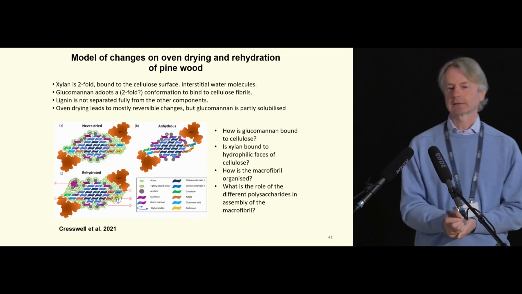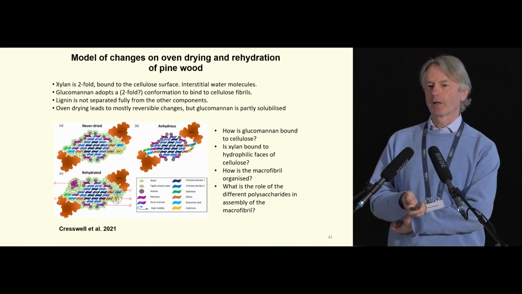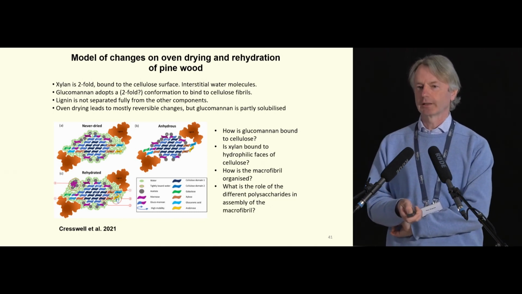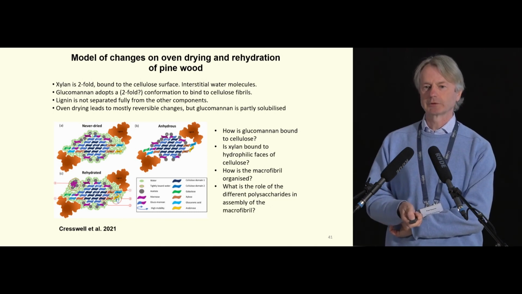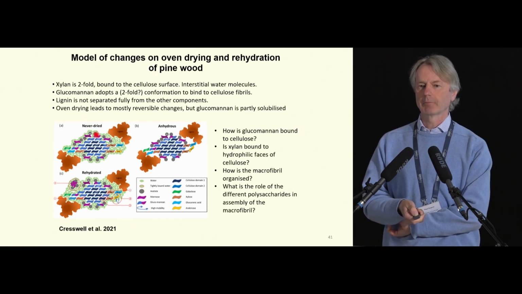So this last slide summarizes some of our current thinking then on the changes when we dry and rehydrate pine wood. So this here is the natural state of a single microfibril within that big bundle, with xylan chains here bound to the surface, mannan also bound and lignin a little bit distant, and there's water all around the surface.